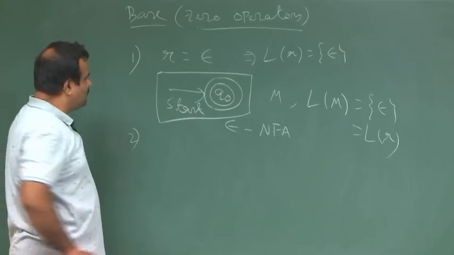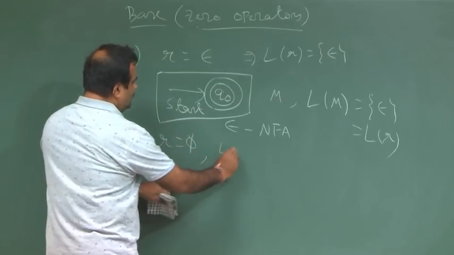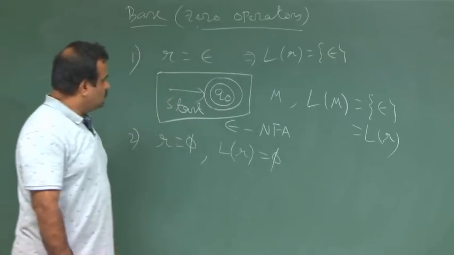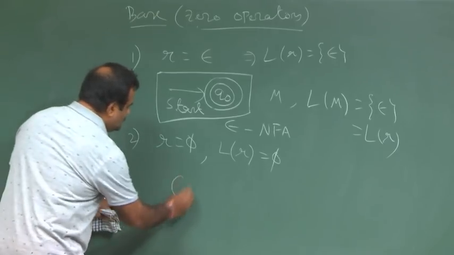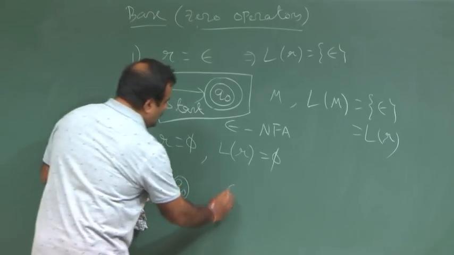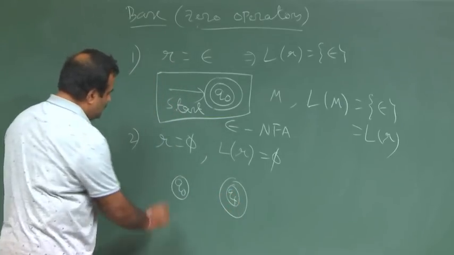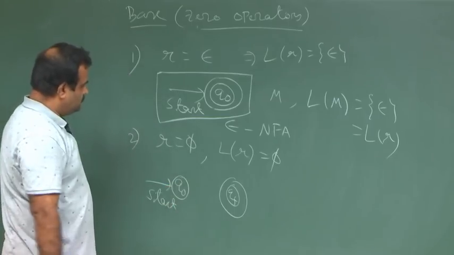Now, the second case for the empty set: if r is empty, then L of r is the empty set. So, then we need to have an epsilon NFA for this. We can have just q 0, and then we can have a final state QF and there is no move, that is all.